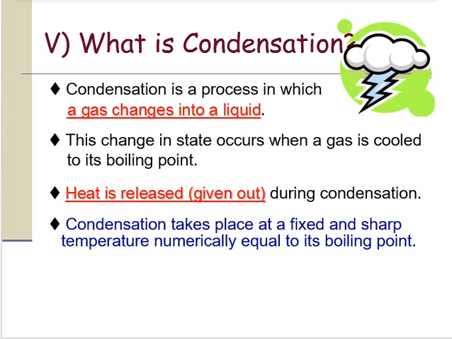Now, the next physical change that we'll be looking at is condensation. Condensation is a process in which a gas changes into a liquid. This change in state occurs when a gas is cooled to its boiling point.